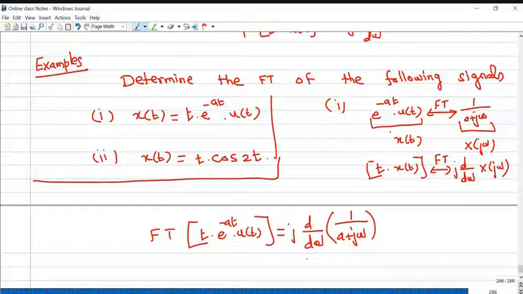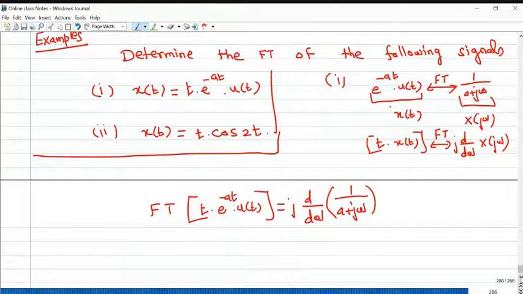So differentiation, the u by v formula, u divided by v formula.